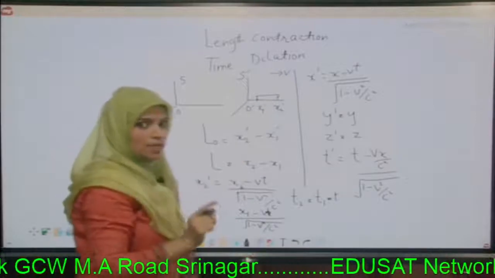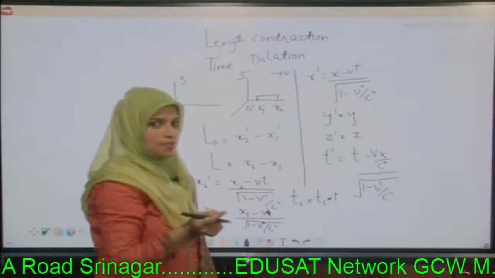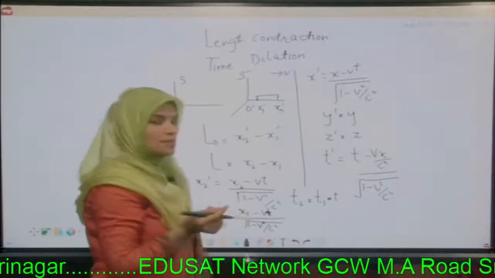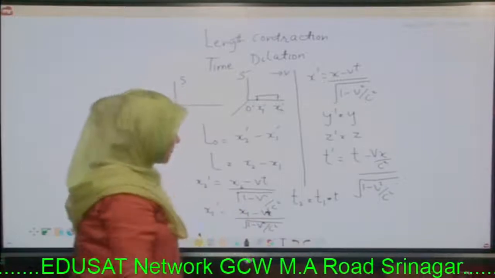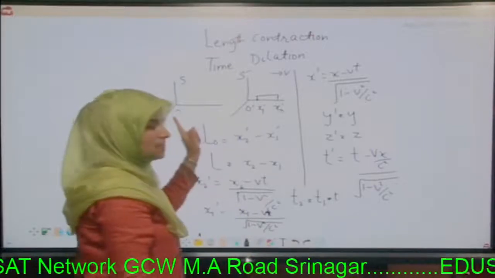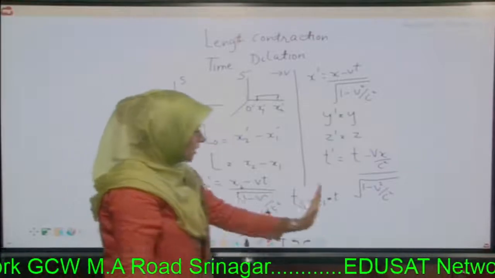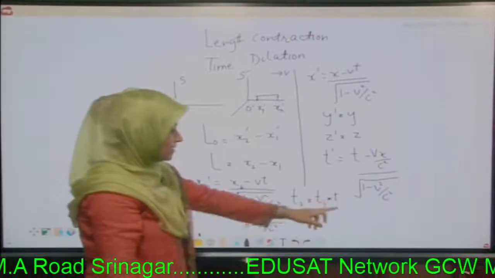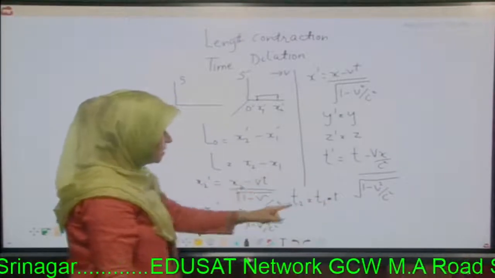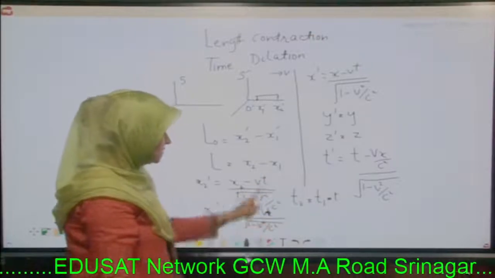He cannot afford to choose two times, because in that case he is going to get wrong readings. Because the object is moving with respect to him, he has to take the two measurements at the same time.